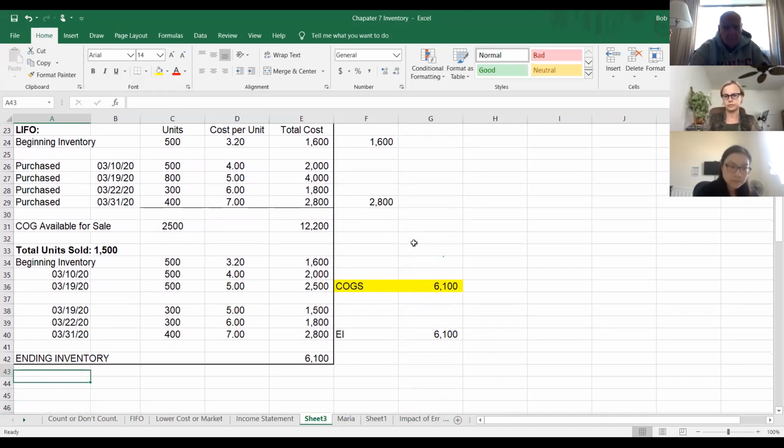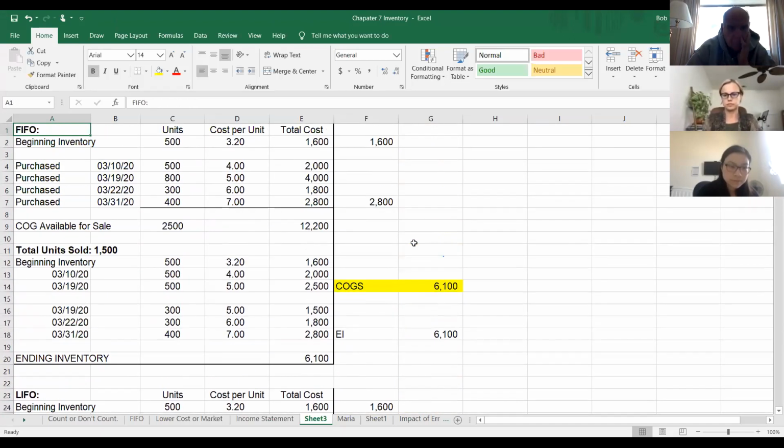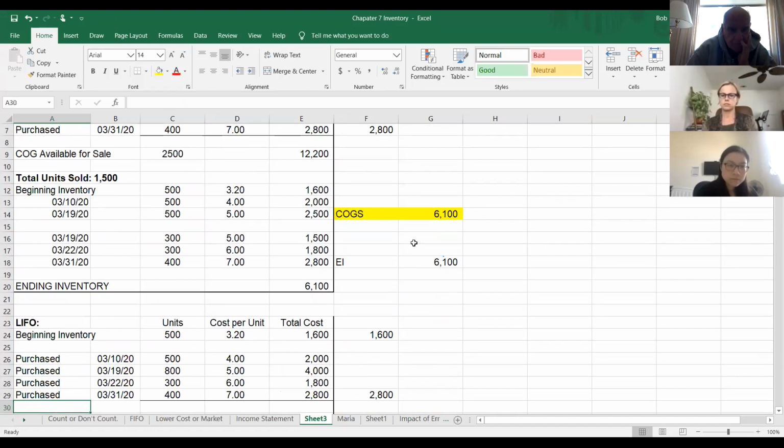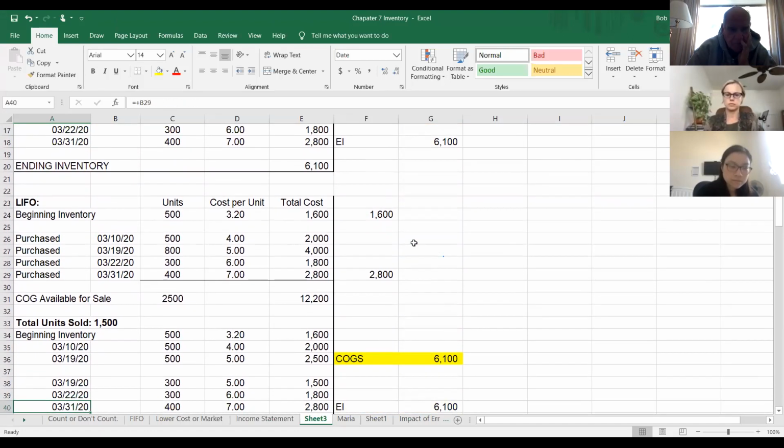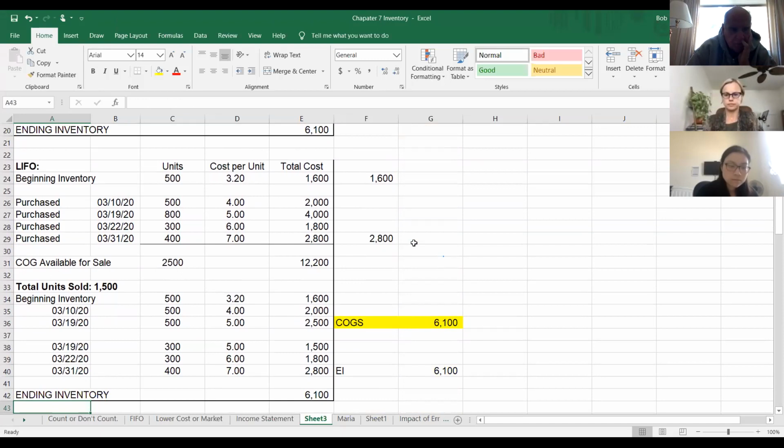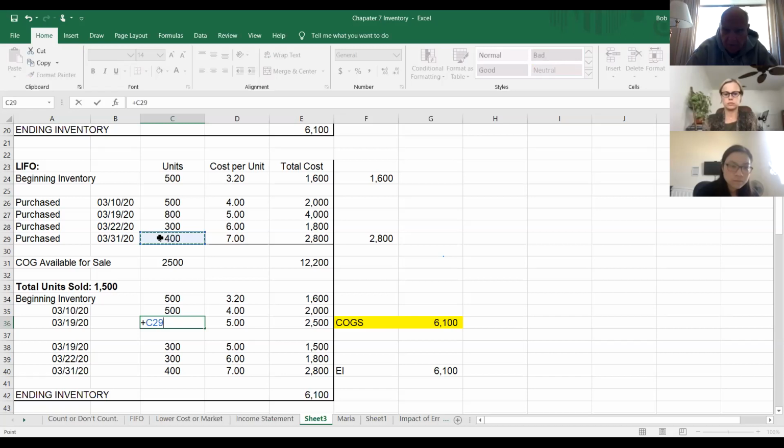Now, under LIFO, which ones did we sell first? We sold first the 400 from here, right? Then under LIFO, we sold the 300 from here.